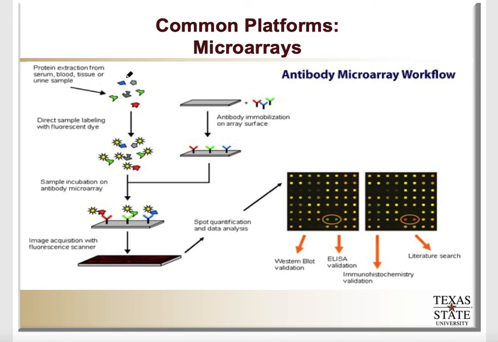And so what you do is you take your physiological fluid, say blood or serum or tissue or urine, and you're going to extract the types of biomolecules that you're interested in. Those could be proteins, as shown right here, or they could be nucleic acids, depending on what you're trying to detect. And there are various protocols to isolate proteins versus nucleic acids.